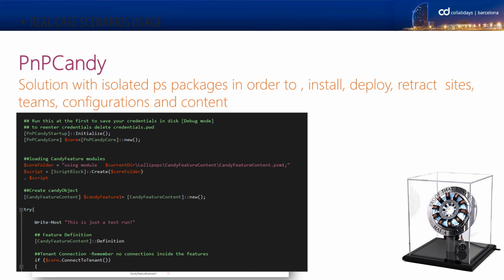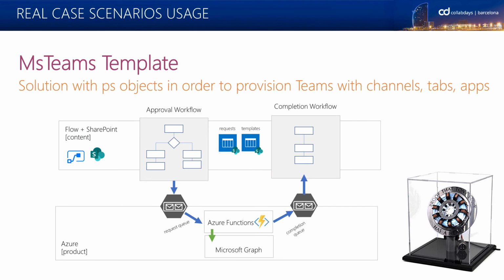Okay, with the same type of solution, we also developed a solution for creating teams based on templates. It's the same thing. The only difference here is that you have approval workflows and completion workflows within the entire solution. So whenever we request something, someone needs to approve or reject.